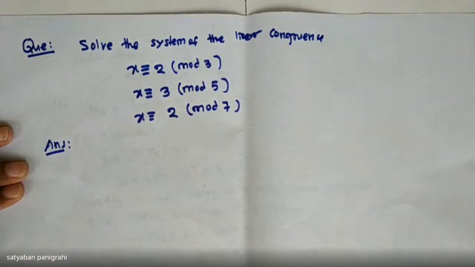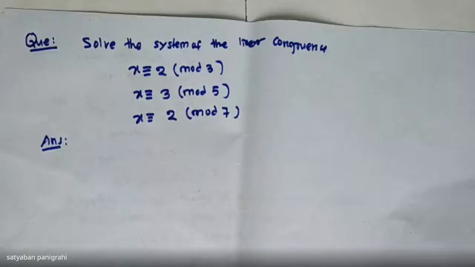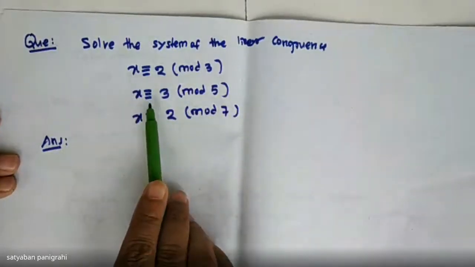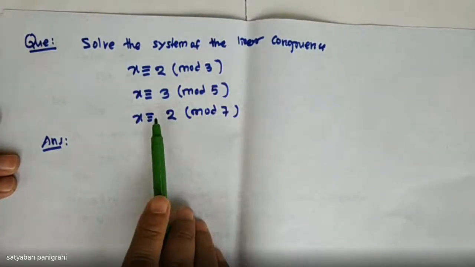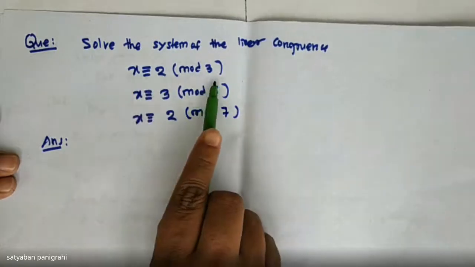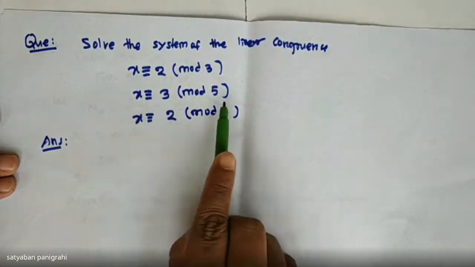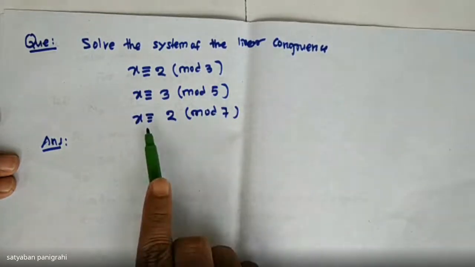Question is clear? What we have to solve? We have to solve the system: x congruent to 2 mod 3, x congruent to 3 mod 5, and x congruent to 2 mod 7.